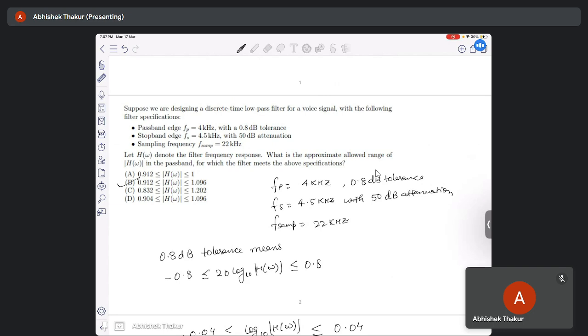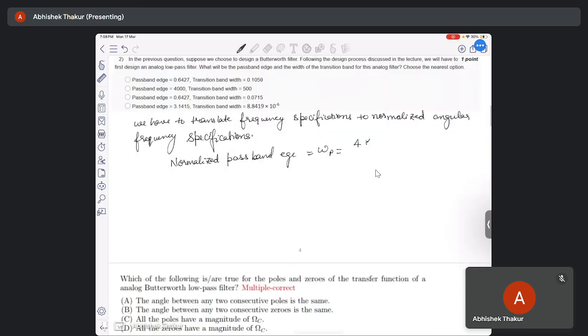We write here fp is equal to 4 kilohertz, fs is equal to 4.5 kilohertz, and sampling frequency is 22 kilohertz.